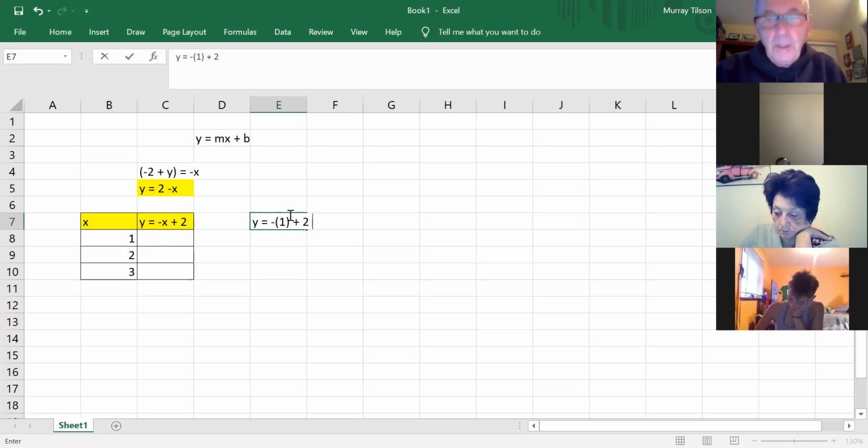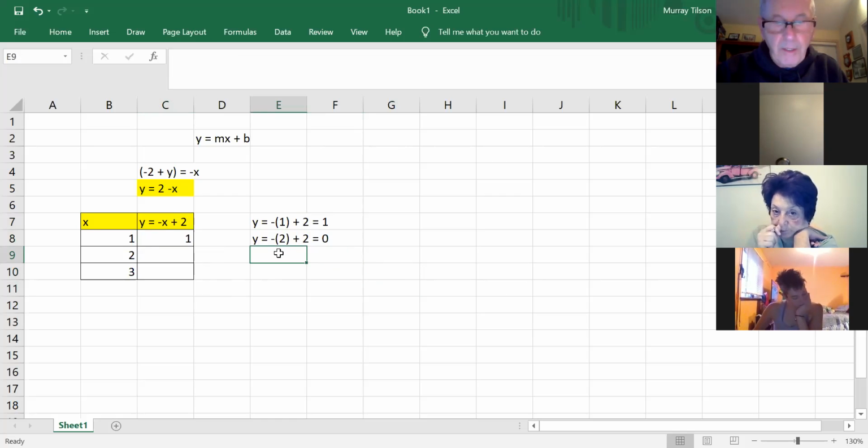Plus 2. And the negative 1 plus 2 is just equal to a 1, right? So I put in 1 for y. I do the same thing with the second one. It's equal to a negative 2. And that's equal to 0, right?